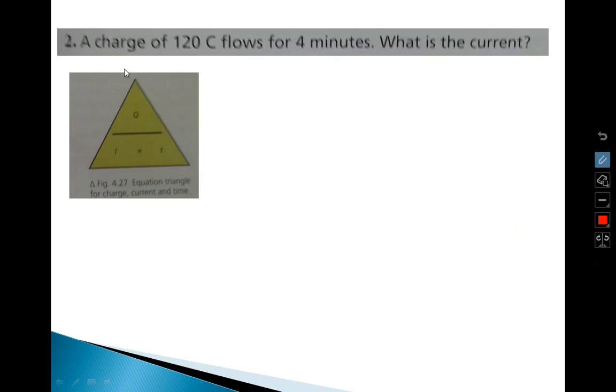Here we have what? A charge of 120. Charge is what? It is Q. So what we have here? Q is equal to 120. What do we have also for minutes?